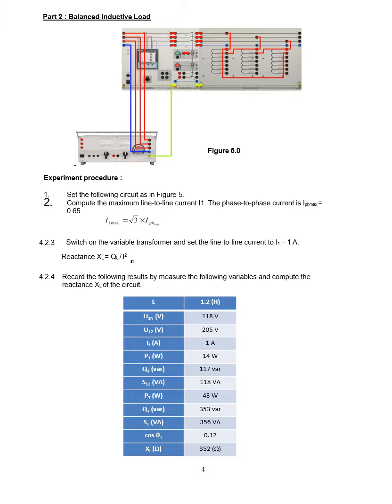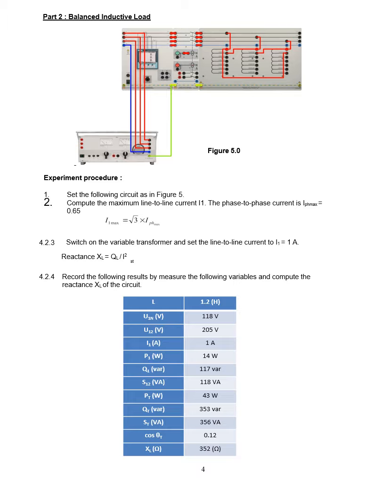For the second step, switch on the variable transformer and set the line to line current to 1 ampere, and then using the formula reactance XL equal to U over I, record all the following results by measuring the following variables and compute the reactance XL of the circuit.